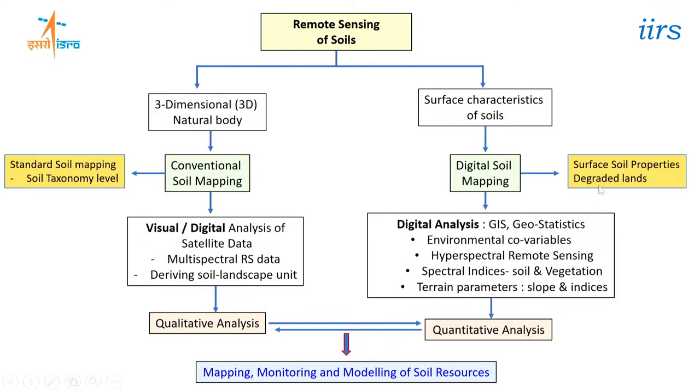Another technique is digital soil mapping, where we study surface soil properties. In the case of degraded lands, like erosion, salt affected soils, or any other degradation such as compaction, for example, surface soil properties change, and that is reflected in the spectral characteristics. Therefore, we in general do digital soil mapping for the mapping of surface soil properties.